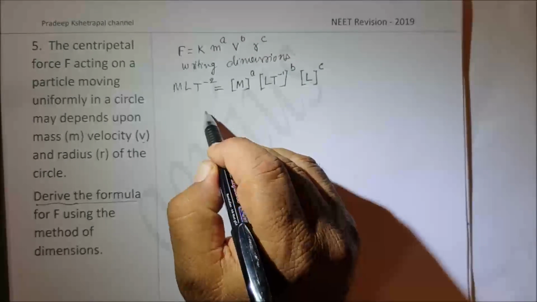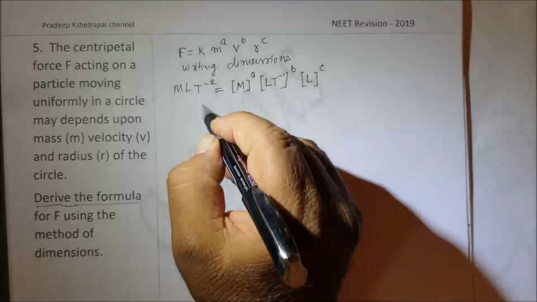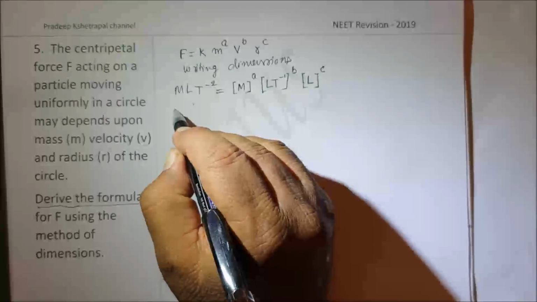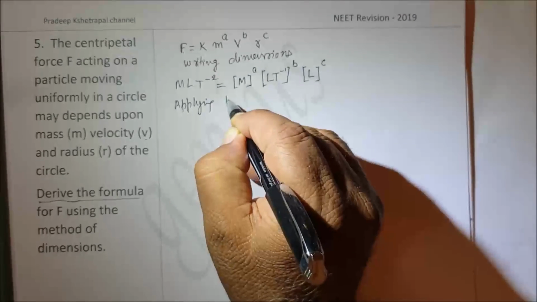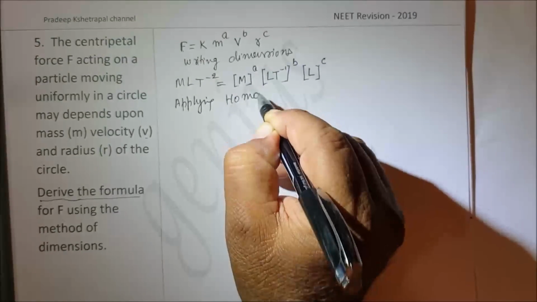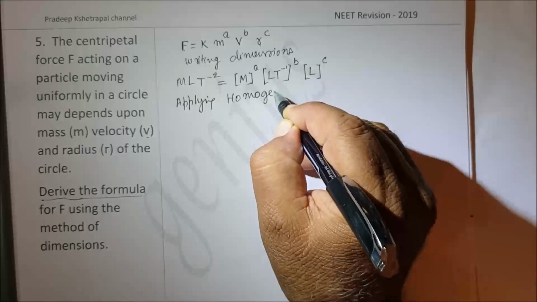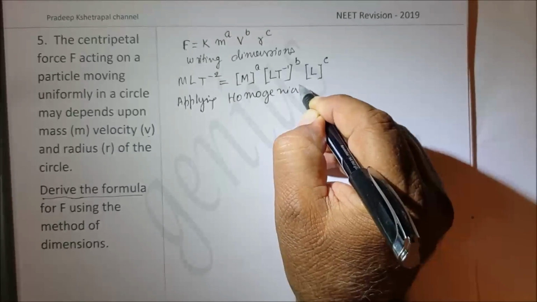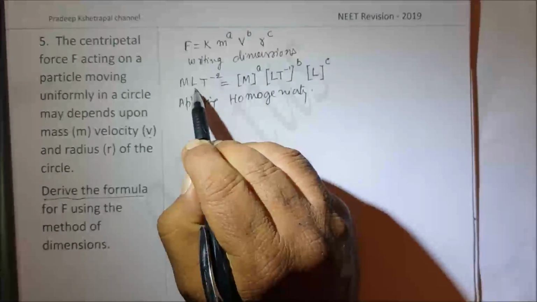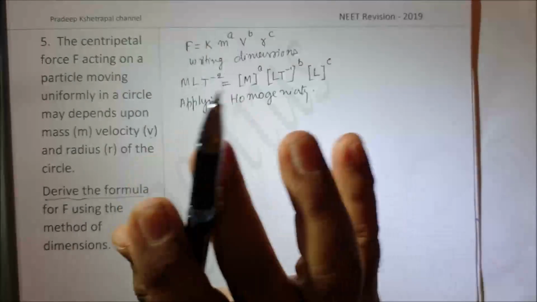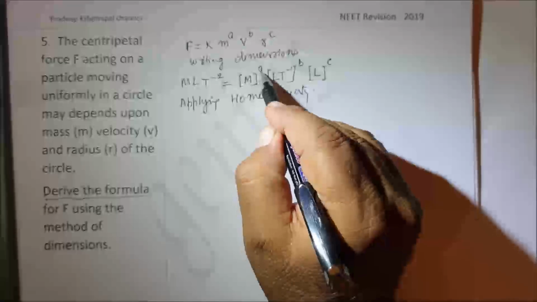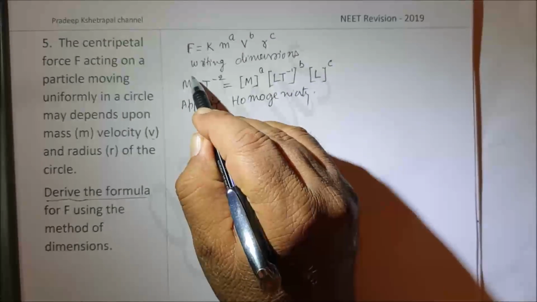Okay, now comparing, applying homogeneity. Homogeneity means that on both sides the power of similar quantities should be the same. Here the power is a, here the power is 1.